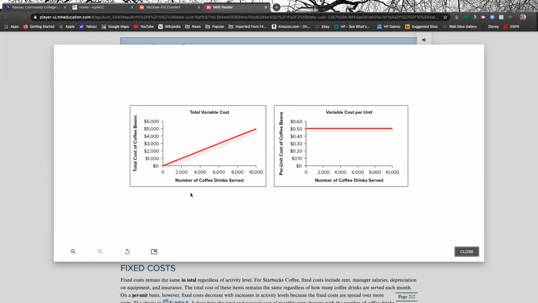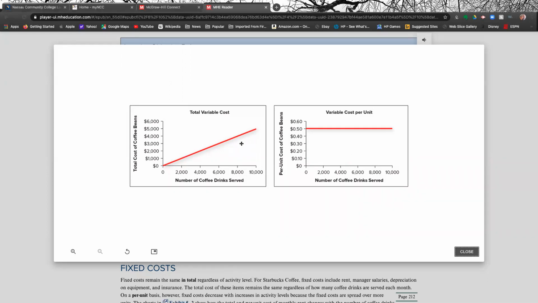So if it costs you 50 cents to make a cup of coffee, the more cups of coffee you make, the more your variable costs are. But on a per unit basis, each cup of coffee costs you 50 cents in variable costs, regardless of how many cups of coffee you make.